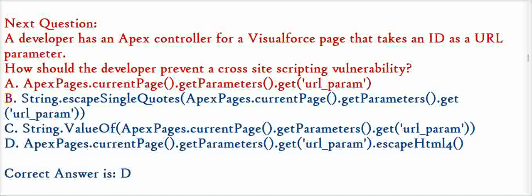B. String.escapeSingleQuotes, ApexPages.currentPage().getParameters().get(URL_param). C. String.valueOf, ApexPages.currentPage().getParameters().get(URL_param). D. ApexPages.currentPage().getParameters().get(URL_param).escapeHtml4. Correct answer is D.